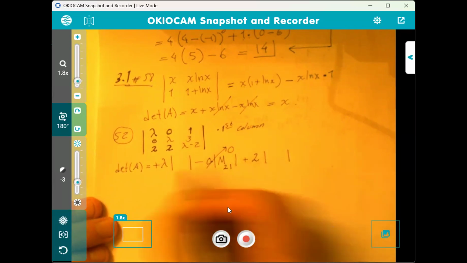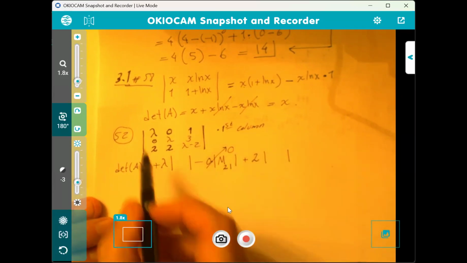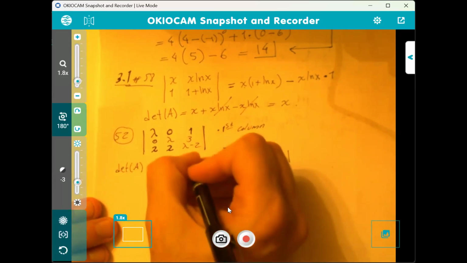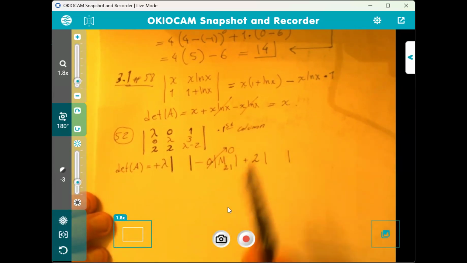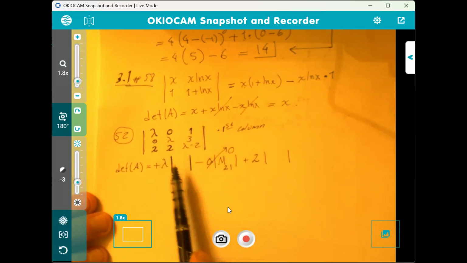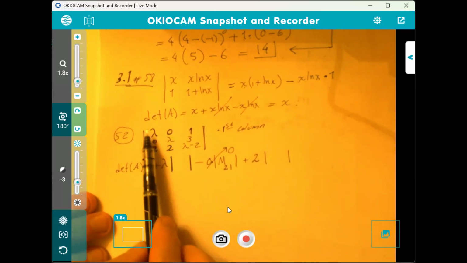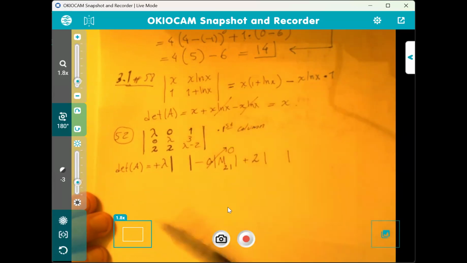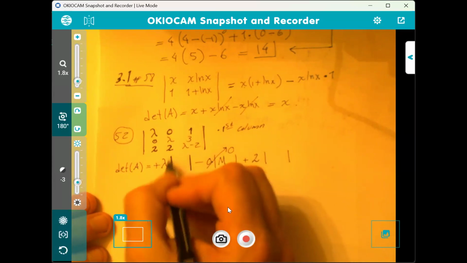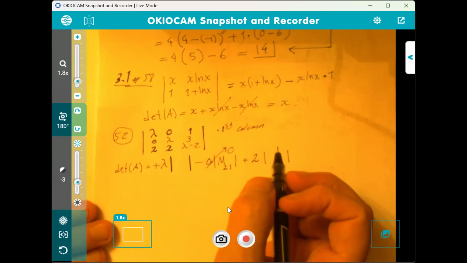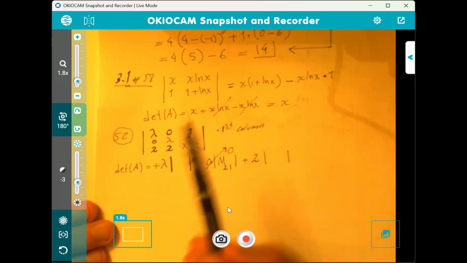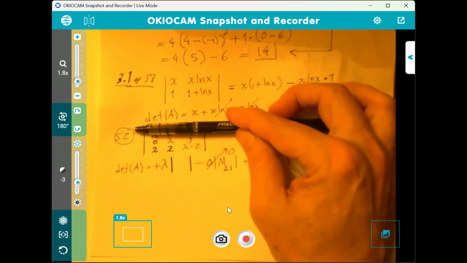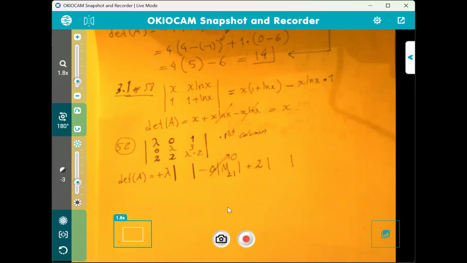So all I have to do is a couple of 2x2s. So what would the determinant, anyone want to take a shot at this one? Remember the minor of 1, 1. First row, first column. You delete the first column, you delete the first row. What would the determinant here look like? Once the first row is gone, and once the first column is gone.